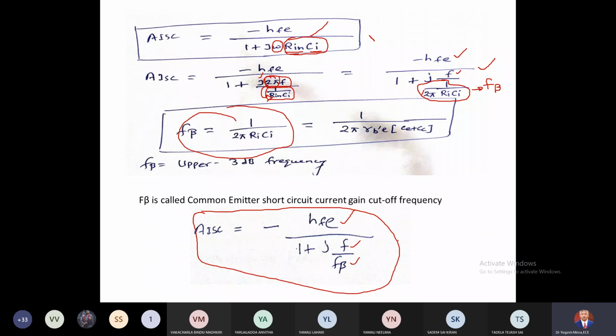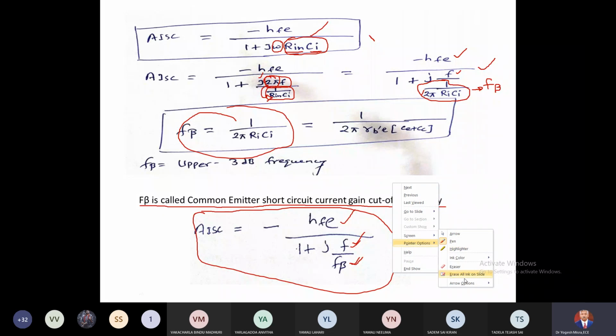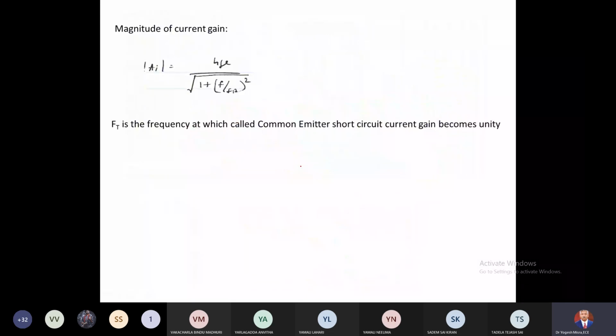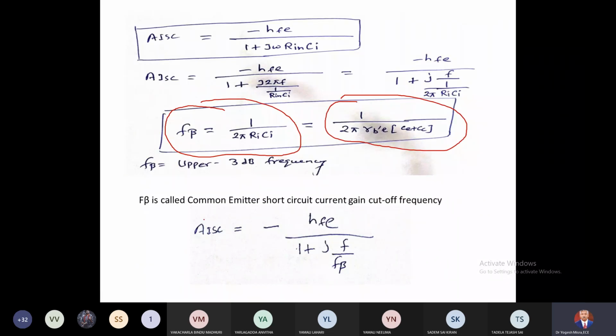Where f is the operating frequency at which your circuit is operating, and f beta is called the common emitter short circuit current gain cutoff frequency, right? And the value of f beta you can find out by this expression or this expression, right? Now the magnitude of the current gain.